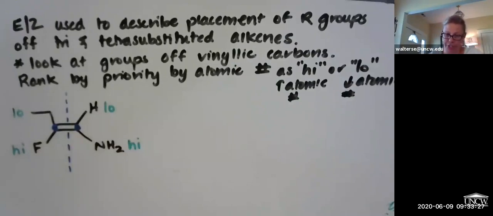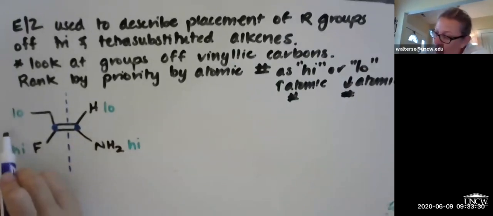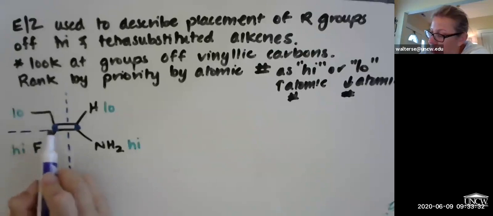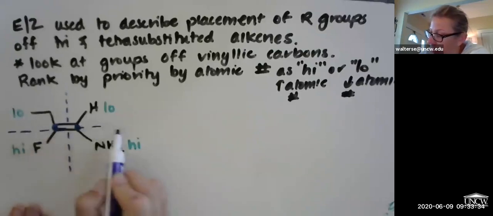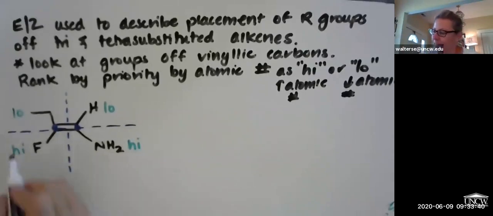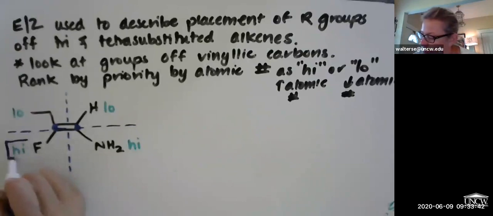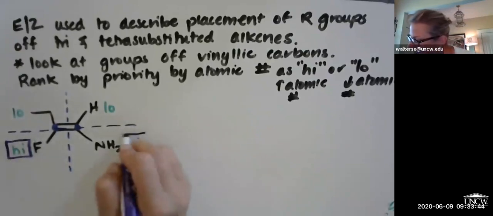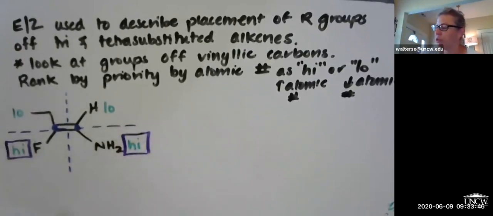Then what you do is you draw a line through the carbon atoms like this. So you kind of end up with like a crosshairs thing. And you look at the relative placement of two like groups. So you could do low and low or high and high. Okay.